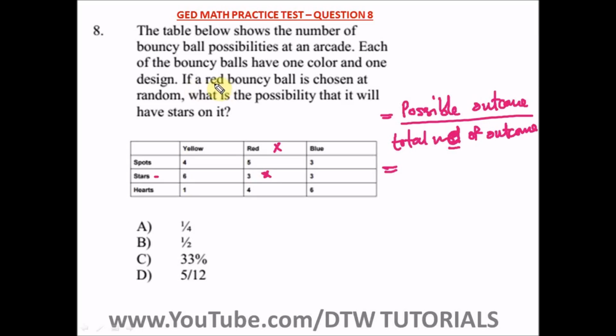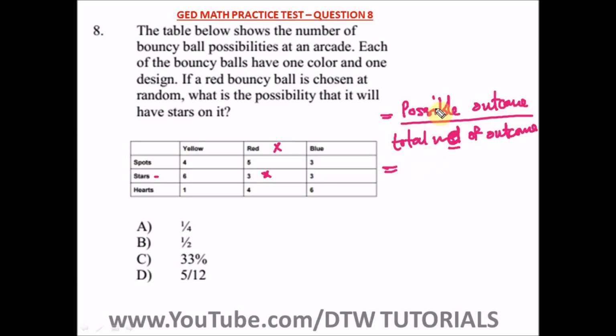The question says, if a red bouncy ball is chosen at random, what is the possibility that it will have stars on it? So the possible outcome is that it will have stars on it. And how many star-designed red bouncy balls do we have?